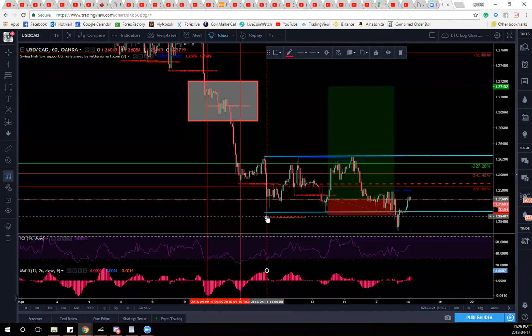And guess what? We make a nice little move. If you played just this channel on Forex, this could be a nice little chunk of money. And so that's your divergence. Here you have one on both the RSI and the MACD.